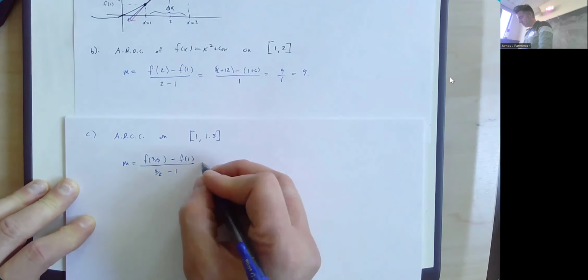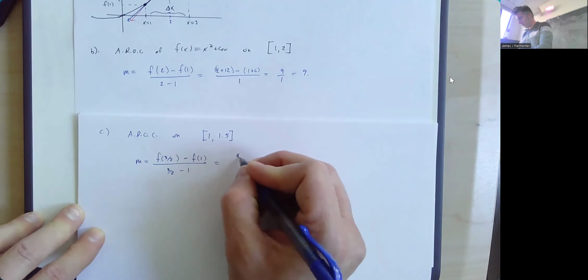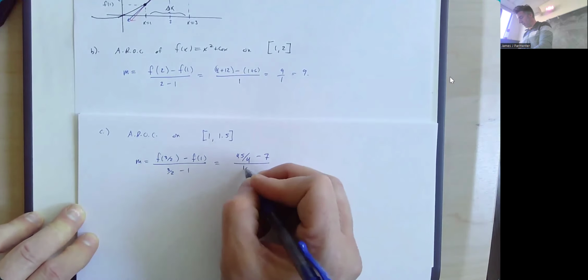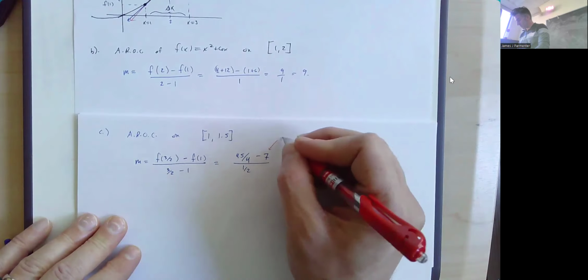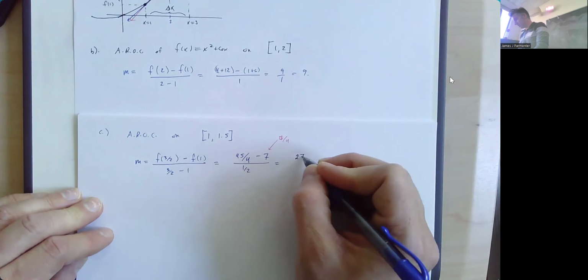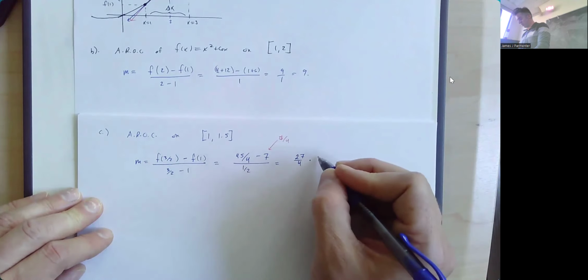I'll just tell you instead of walking you through the calculation. F of 3 halves ends up being 45 fourths. F of 1 is still 7. 3 halves minus 1 is 1 half. 7 is 28 fourths. 45 minus 28 is 27 fourths. And dividing by 1 half is the same as multiplying by 2.